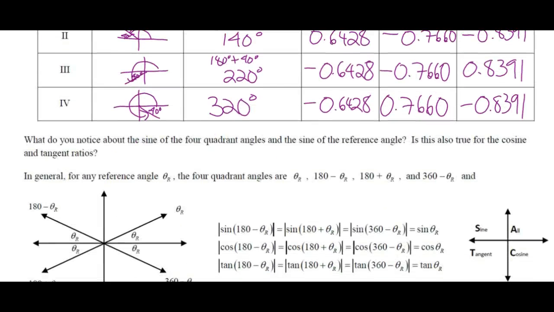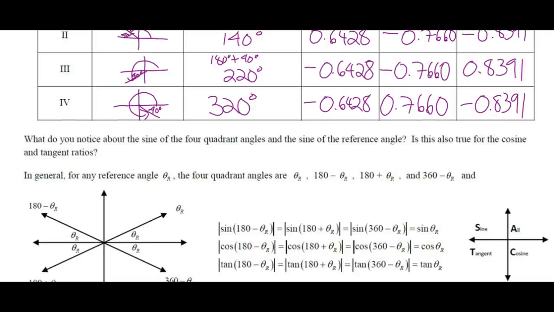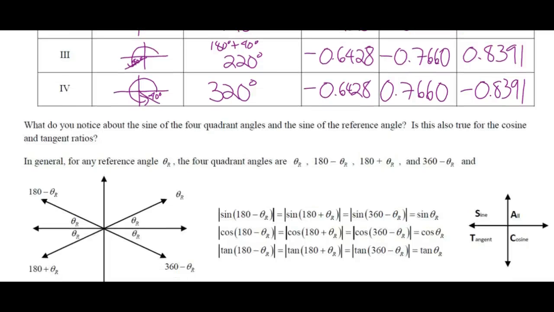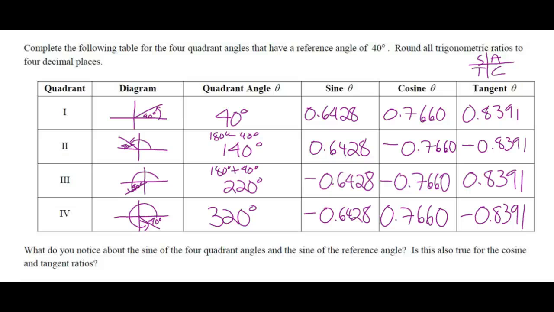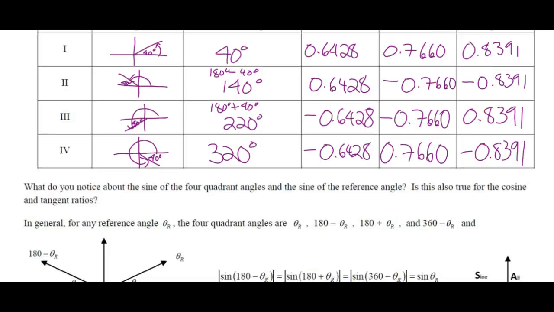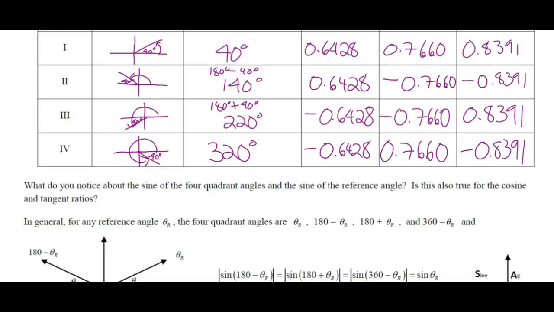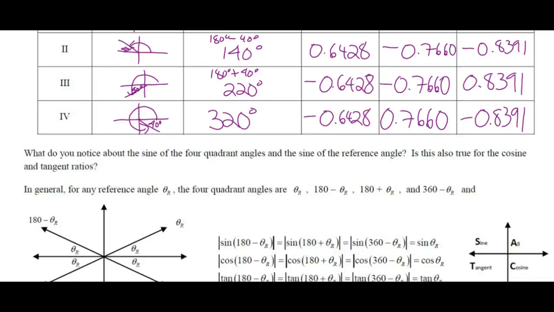What do you notice about the sine of the 4 quadrant angles and the sine of the reference angle? We'll say the magnitude is the same, the size. Is this true for the cosine and tangent ratio? Yes.